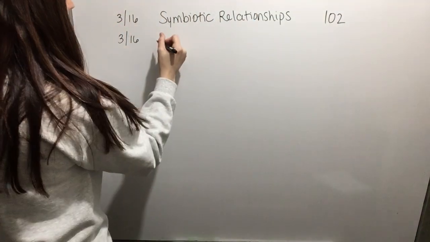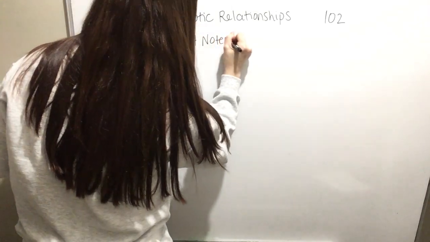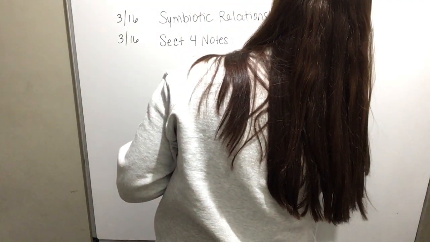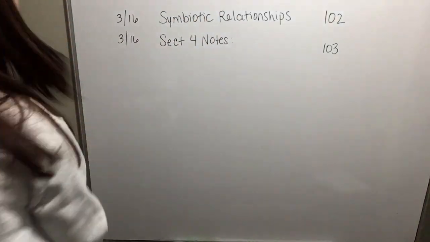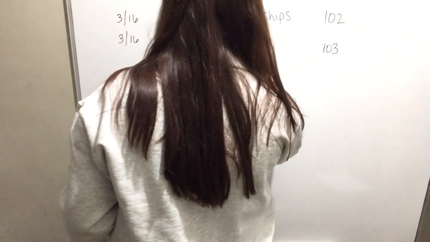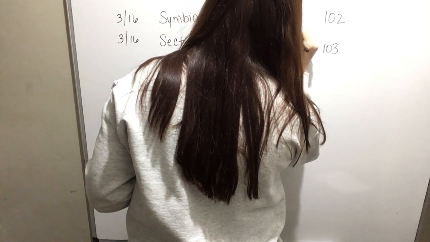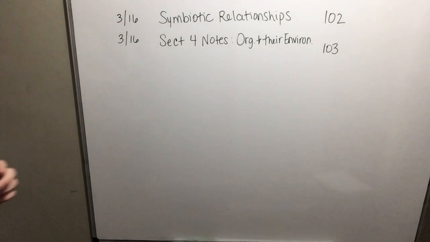And your section 4 notes go up on page 103, and this is called organisms and their environment. Okay, so there's your interactive notebook.